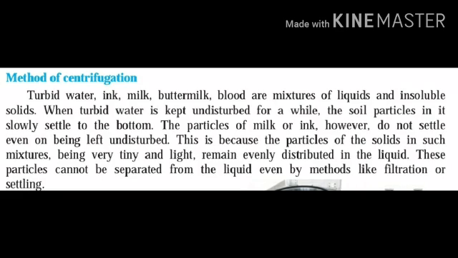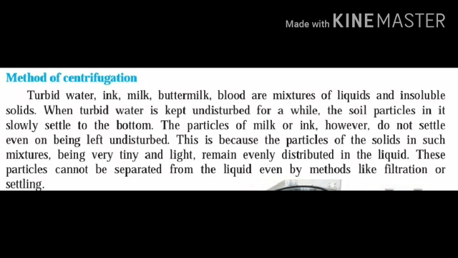Method of centrifugation. Turbid water, that is impure water, ink, milk, buttermilk, and blood are mixtures of liquids and insoluble solids. When turbid water is kept undisturbed for a while, the soil particles in it slowly settle on the bottom. The particles of milk or ink, however, do not settle even on being left undisturbed.